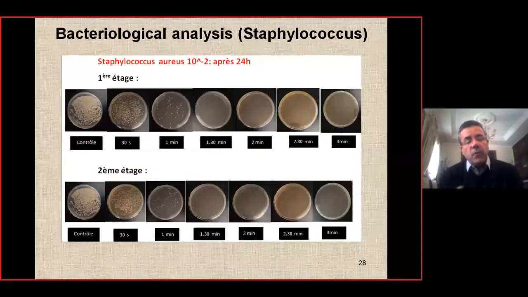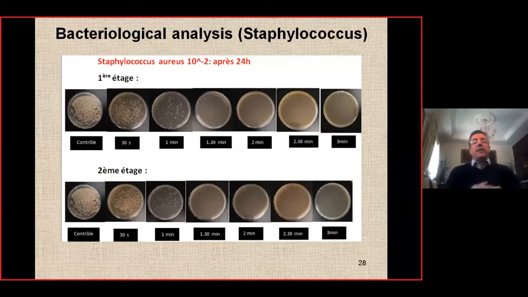We also made analysis of this sterilization chamber on many bacteria. This is an example for Staphylococcus bacteria, which is well known. You see before treatment, a lot of bacteria.